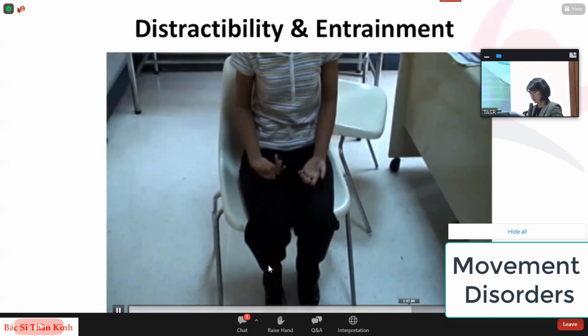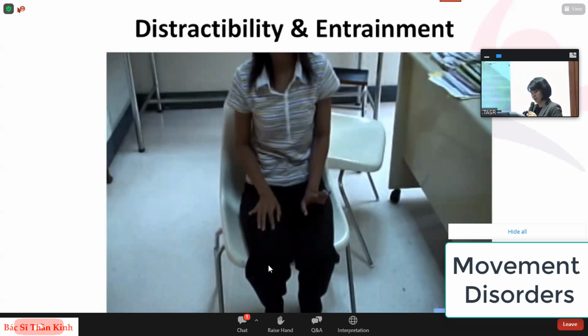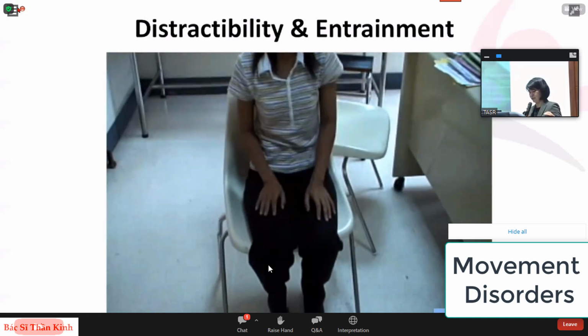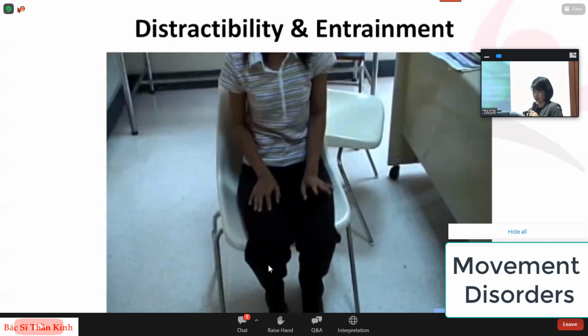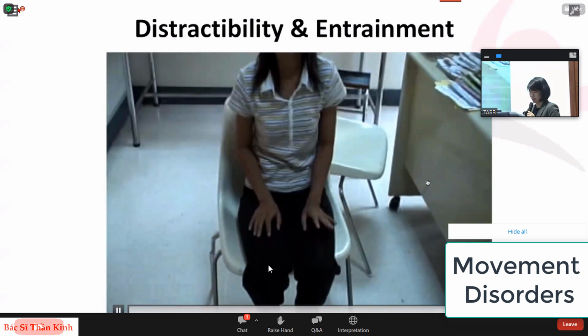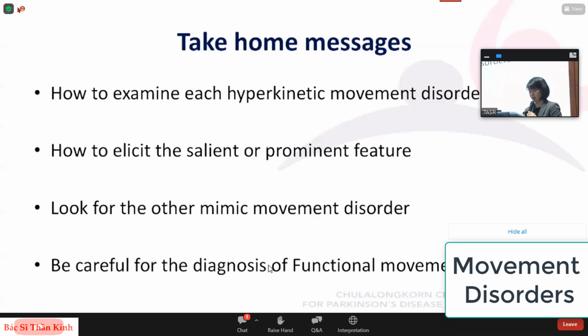We asked her to perform a rhythmic movement, and the frequency of the functional side will follow the same tremor as the voluntary side. And this is the list of other possible functional tremors.